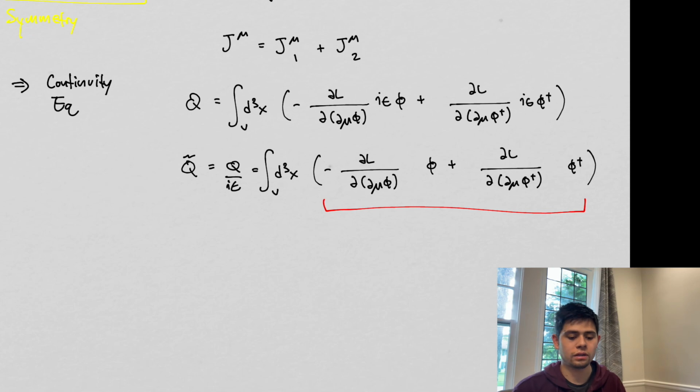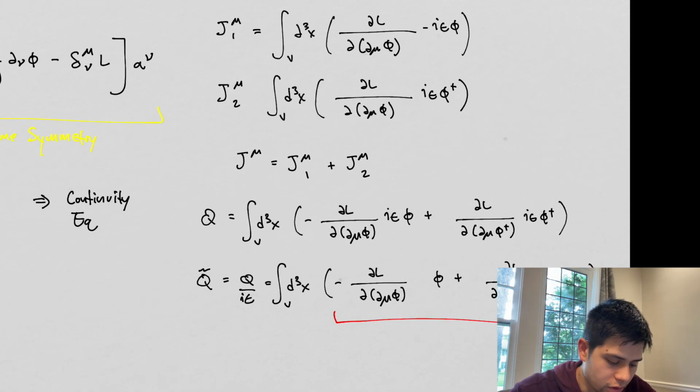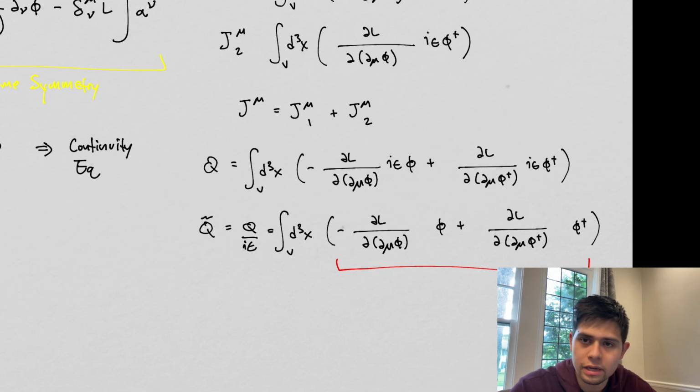The point is that we have these arguments that show up in these integrals, and these are the things that end up being invariant under these types of transformations.